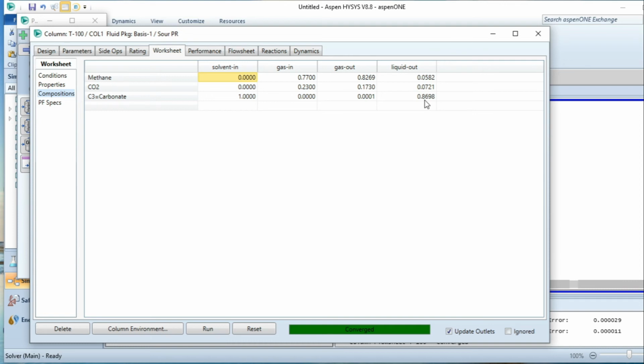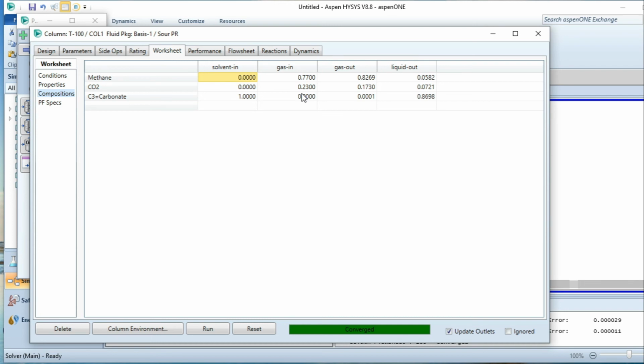If you could recall, initially I have two streams. The first stream is the solvent in, which contains propylene carbonate at 100% in terms of ratio. In the gas stream, initially I have two constituents, methane and carbon dioxide.